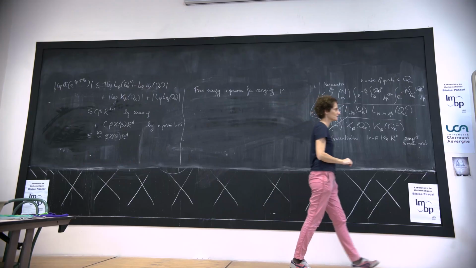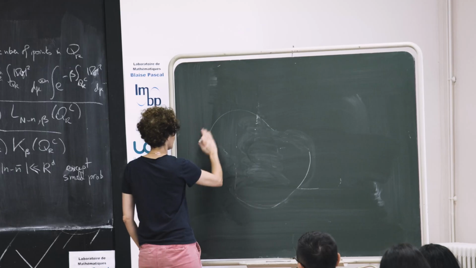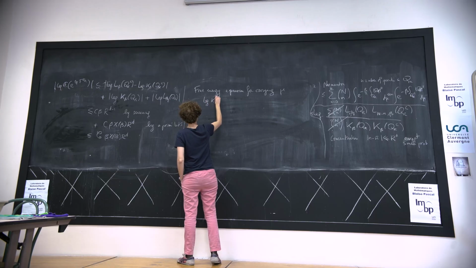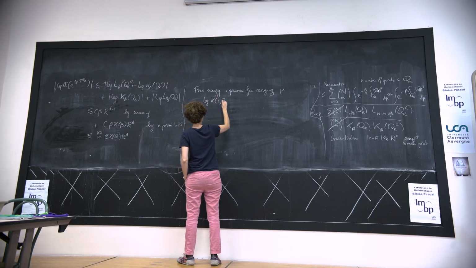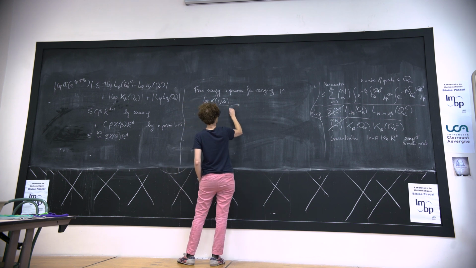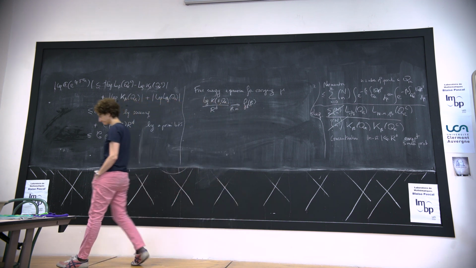Right, so we have a mu, and we already know that log K of 1 and Q_R divided by R^d converges, as R goes to infinity, to some quantity that I called f_d of beta.